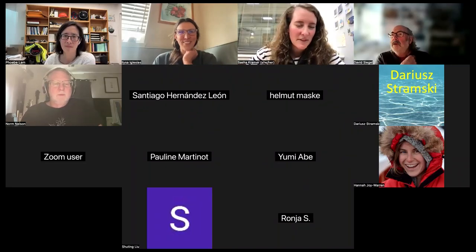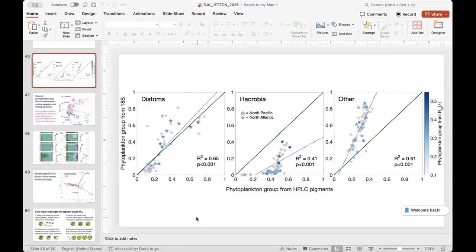This didn't end up in the final paper, but we looked at the relationship. So now what you're seeing is on the x-axis, the phytoplankton group from measured pigments. On the y-axis, that group from 18S. And then the samples for which we had hyperspectral reflectance measurements from EXPORTS, we ran our model, have the predicted concentration of pigments from the reflectance model, coloring those samples for which we had a matchup.